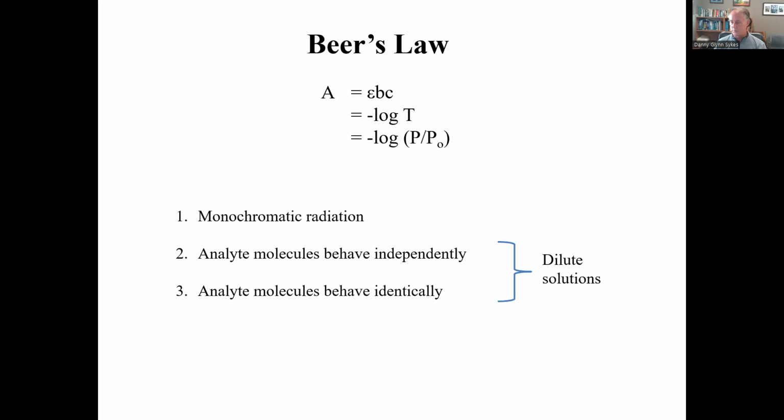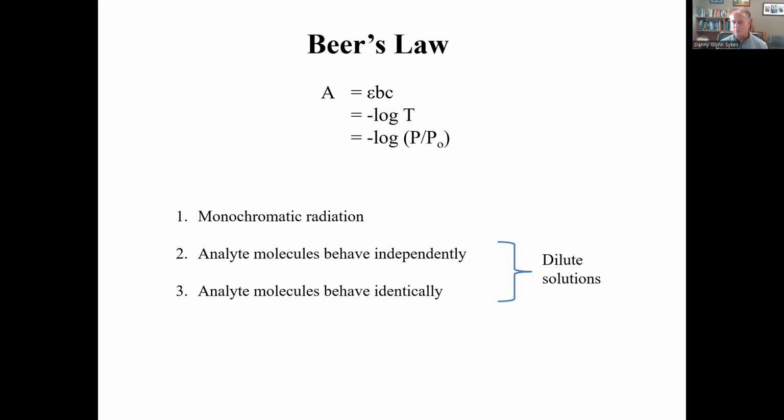Now, Beer's law holds for a number of things, right? One, we need to be operating in the linear range of response. And to ensure that, when we specify this, we need to specify monochromatic radiation. And we're going to see why in just a second, because epsilon is a function of wavelength. But also, the more light that comes in, the greater the deviation from Beer's law. We're not going to get into that, something we get into at a higher level.